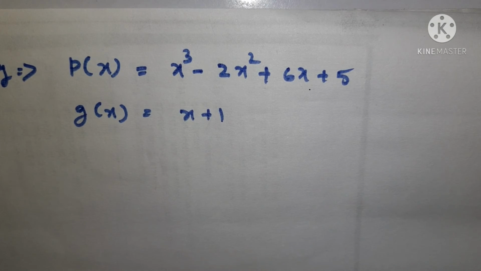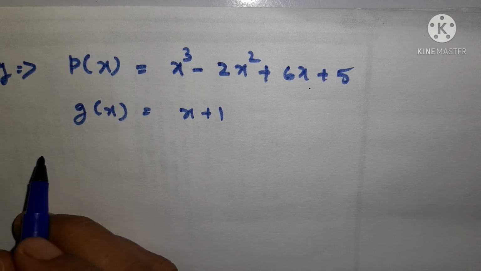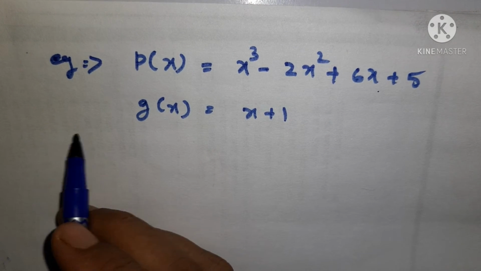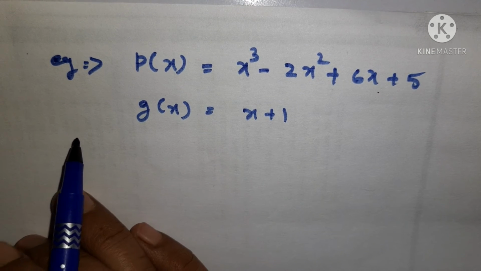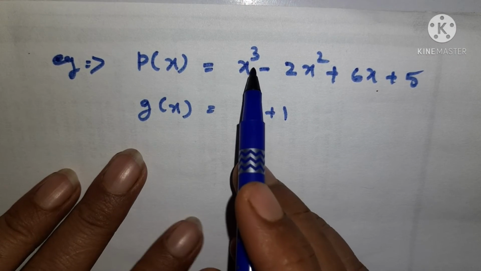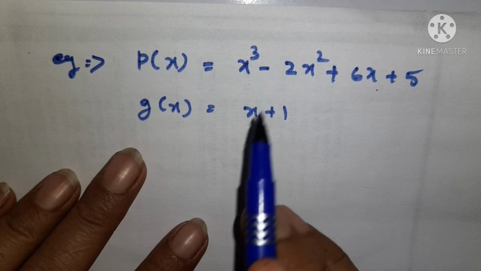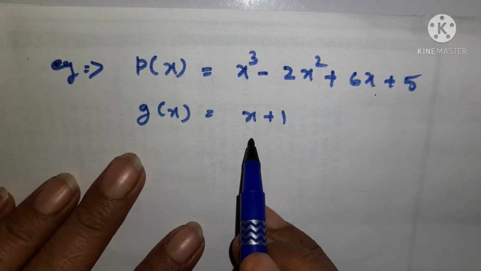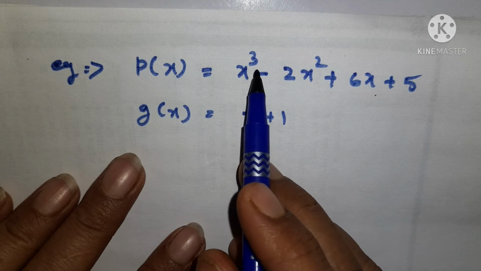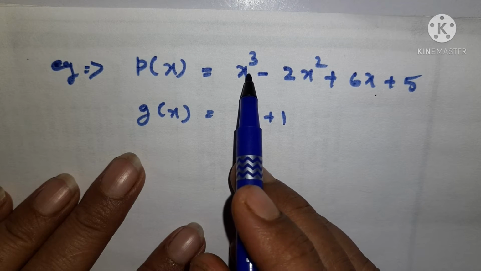So according to the remainder theorem, or by the statement of the remainder theorem, if you are given a polynomial and the polynomial is having degree greater than 1 or equal to 1, so you can see the polynomial is having a degree greater than 1, right?